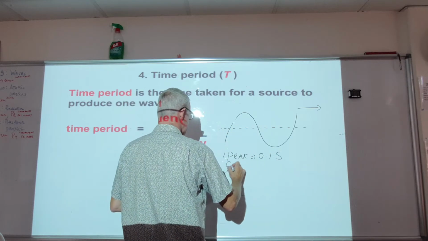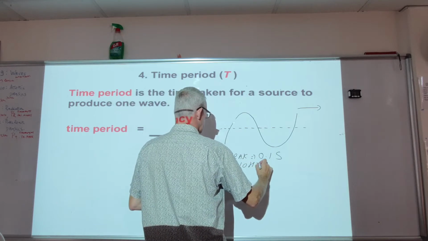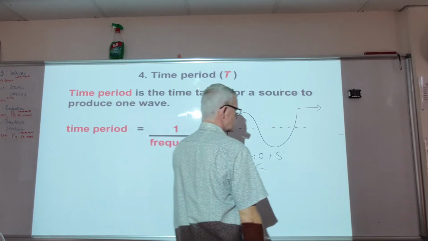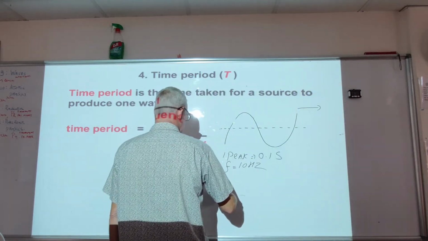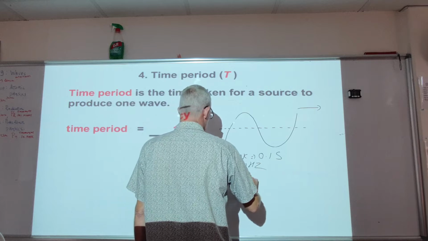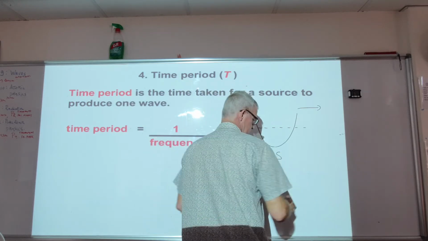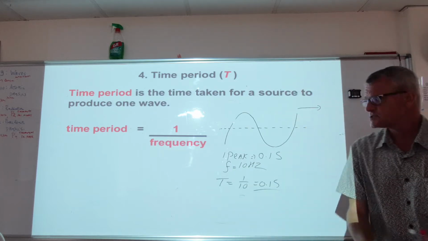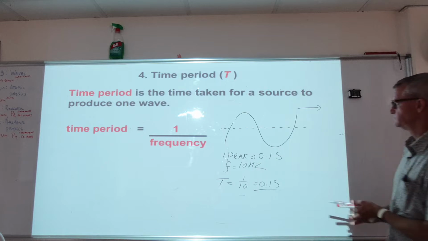Then the frequency is 10 hertz, because there are 10 peaks passing in 1 second. And then we can find the time period: 1 over 10 is 0.1 second. Just make a note of that.